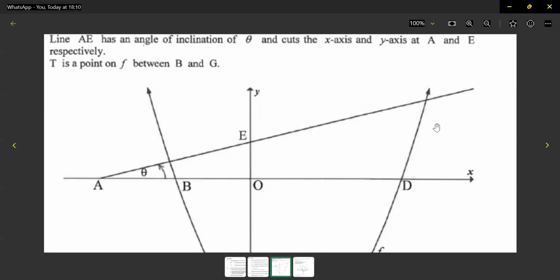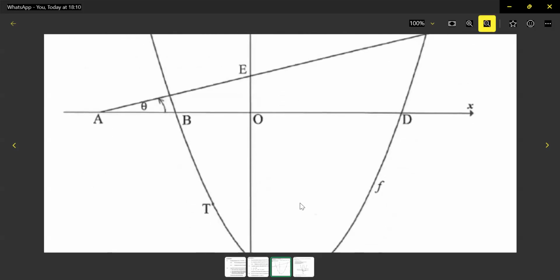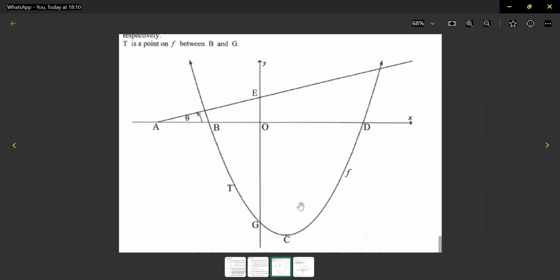And they say to us, T is a point on the function f between B and G. So this is how the whole sketch actually looks.